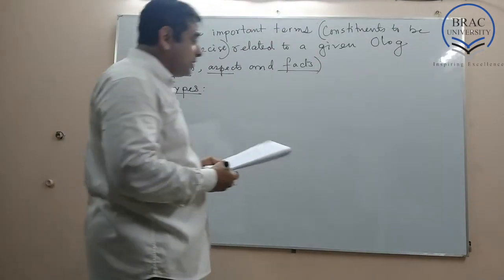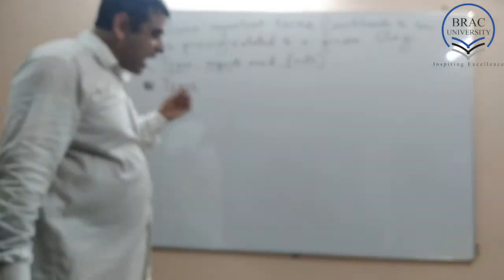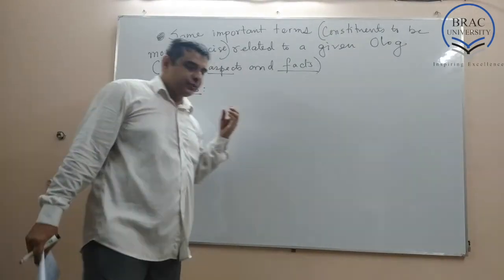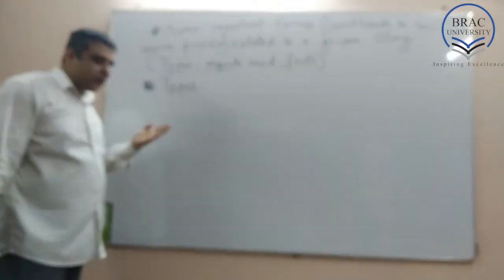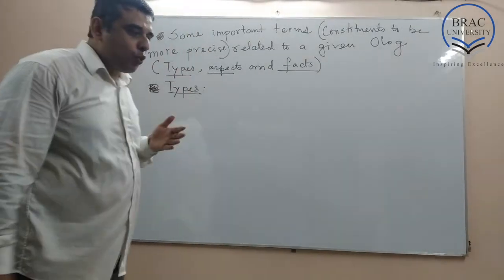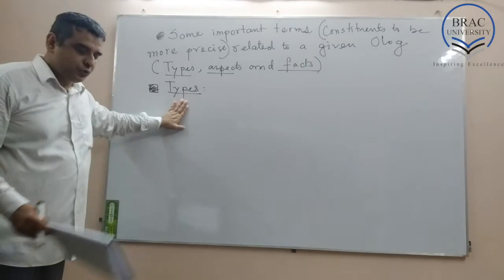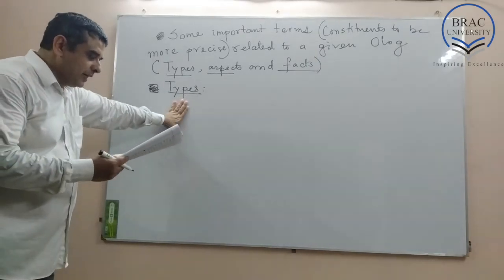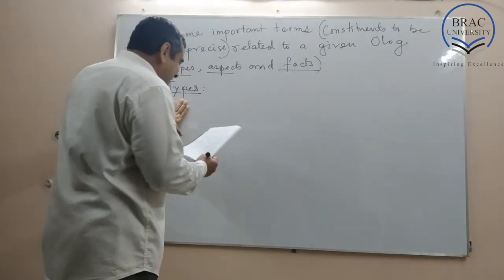You saw that in the previous Olog, we had different boxes, and we labeled those boxes with some text, okay? Those boxes were types, okay? So let me concretely define what we mean by types.